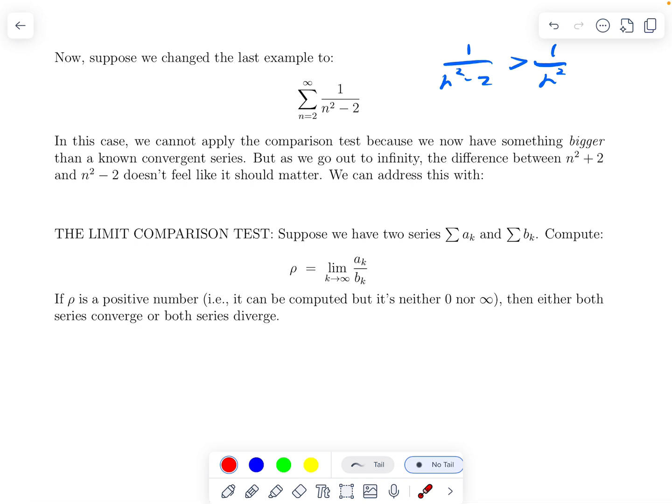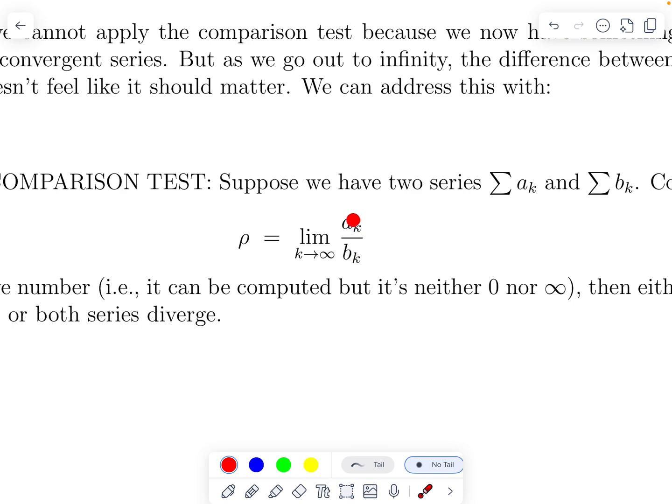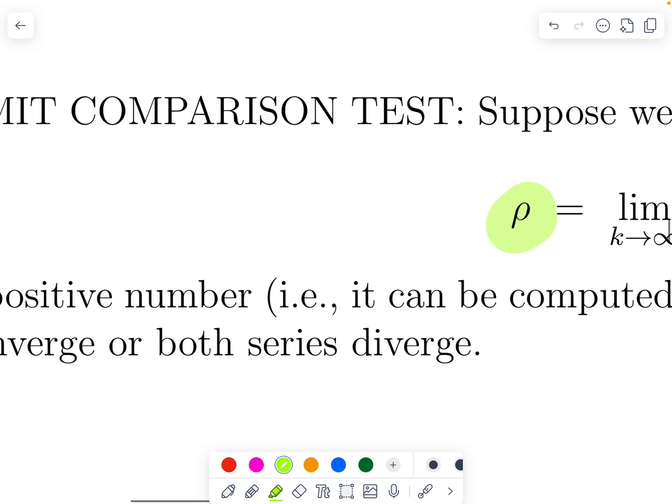So here's what we're going to do. We're going to basically say if two series behave similarly, it doesn't really matter which one's bigger or smaller, but if they are similar in their basic pattern, then either they both converge or both diverge. So what we'll do is we'll take the limit of the ratio of the terms, and we'll call that rho. This is the Greek letter rho, it's lowercase. It's the Greek equivalent of the letter r.